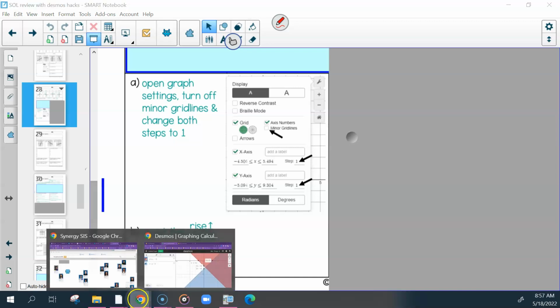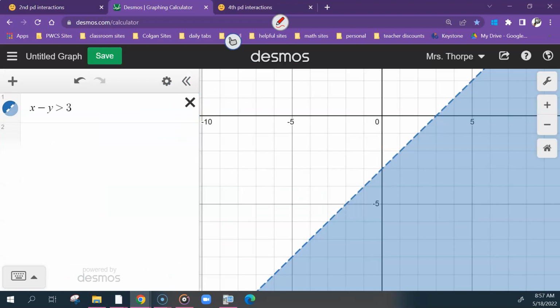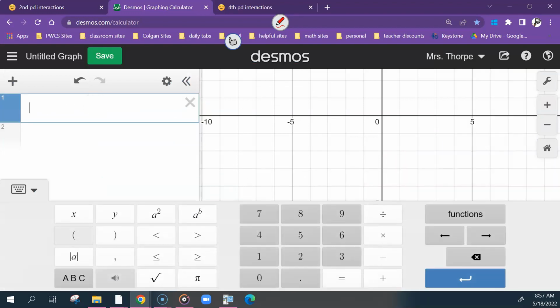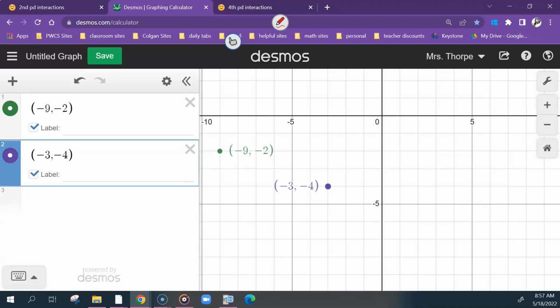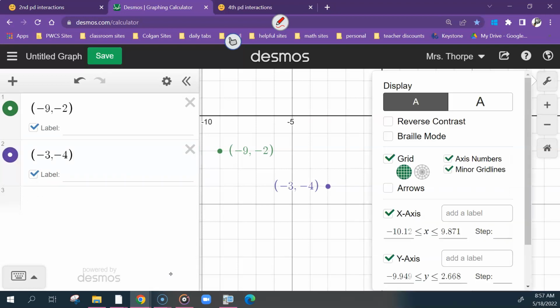For number 5, tell me what those ordered pairs are. -9 and -2. And then 3 and 4. So open the settings, this is your wrench. And then here, minor grid lines, you can turn that off.